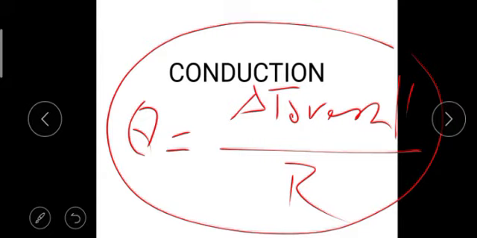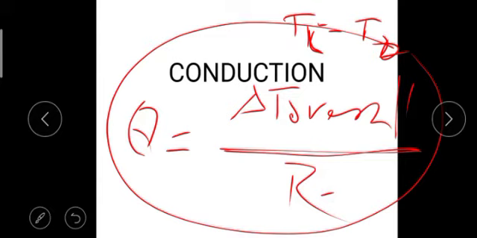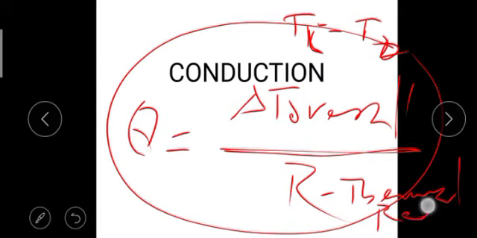What is delta T? Delta T means the temperature difference. Here we said T1 minus T2, that is the inner temperature and the outer temperature, so Ti minus T0, divided by R. R means the thermal resistance, denoted by R.